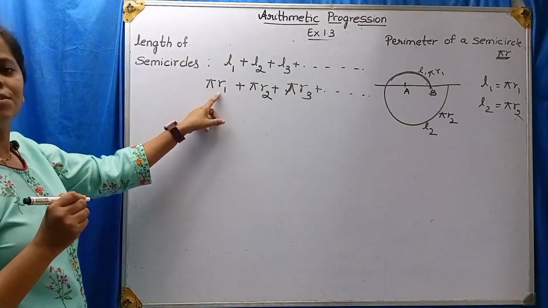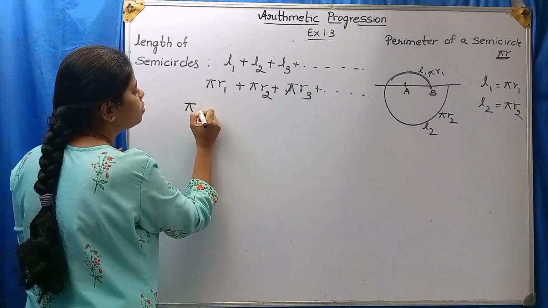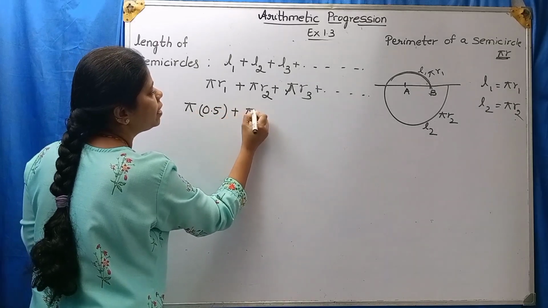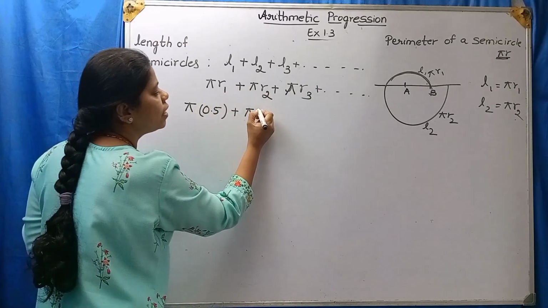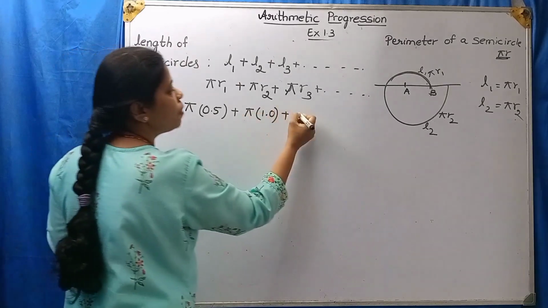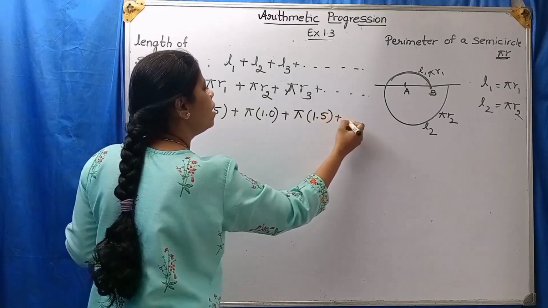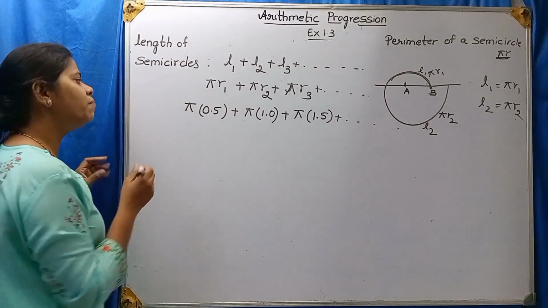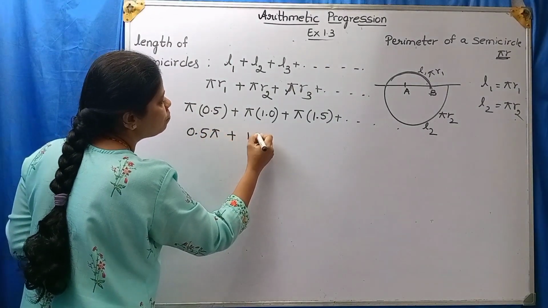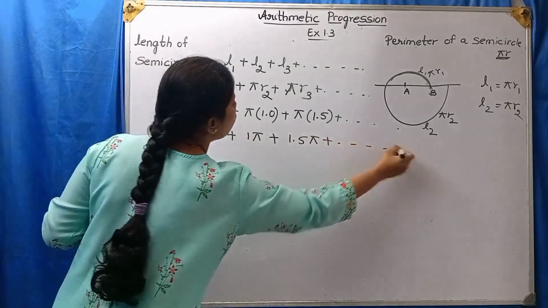The first radius is 0.5 centimeter. Therefore, it is pi into 0.5 plus pi into R2, the radius is 1.0, plus pi into the radius 1.5 and so on. So, what will it become? 0.5 pi plus 1 pi plus 1.5 pi and so on.